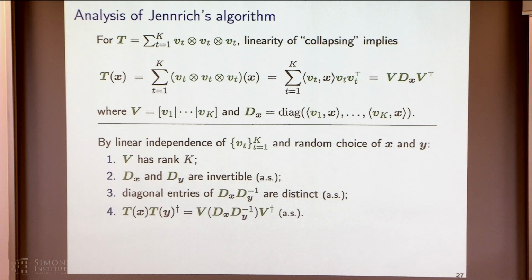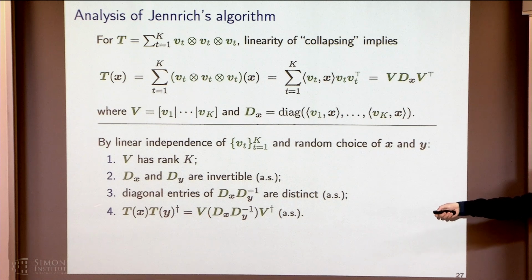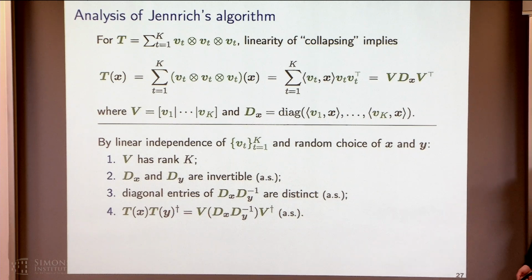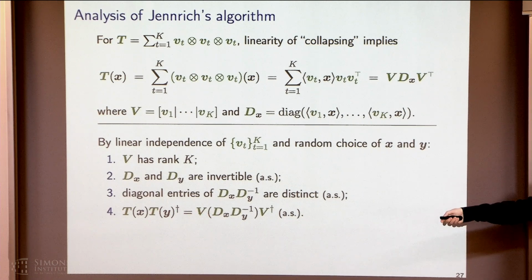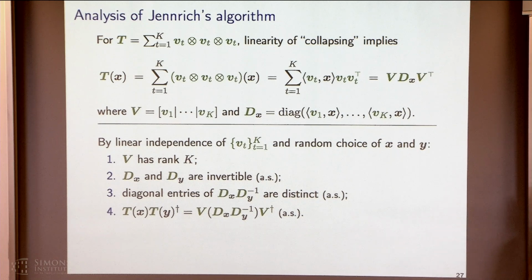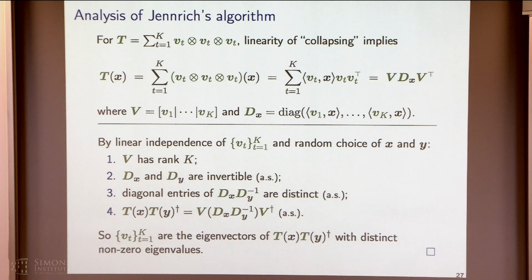And then finally, the matrix that Jennrich's algorithm actually computes, T_x times pseudo inverse of T_y, will have this form, V times some diagonal matrix times pseudo inverse of V. And then you look at this and you realize that this is diagonalizable. The eigenvectors, in fact, are just the columns of V, which are v1 through vk.